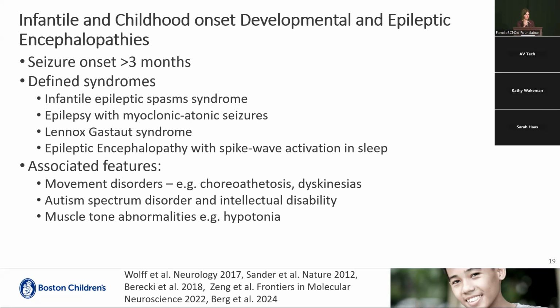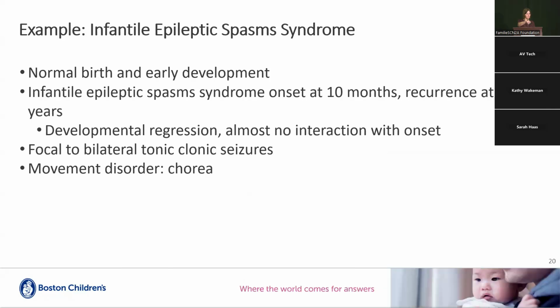Essentially it looks like a consistent spiking pattern in sleep, and that can cause loss of developmental skills. And that has been seen in 2A. So if there's a sudden setback in development, you have your trajectory over time and suddenly skills are lost, it's something to think about getting an EEG and capturing sleep to make sure that it's not being missed. And again, in the subset, we can see other associated symptoms.